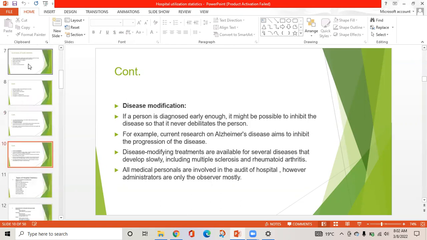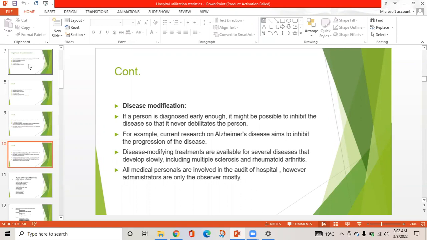If a person is diagnosed early enough, it might be possible to inhibit the disease so that it never debilitates the person. For example, current research on Alzheimer's disease aims to inhibit the progression of the disease. Disease modifying treatments are available for several diseases that develop slowly, including multiple sclerosis and rheumatoid arthritis.